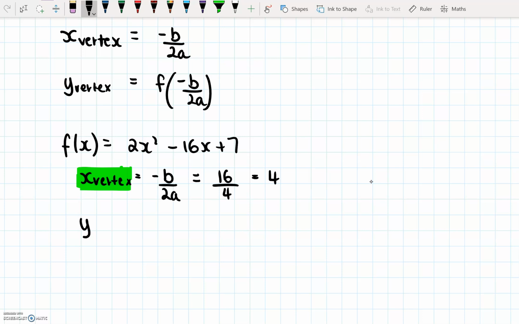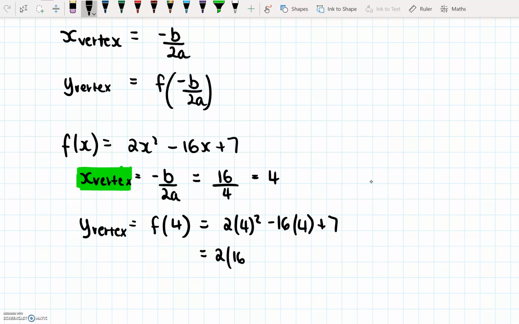All right, our y vertex is equal to the function of the x vertex, and our x vertex was 4. Okay, so in this case we have 2 times 4 squared minus 16 times 4 plus 7, okay, which is 2 times 16 minus 4 times 16 plus 7.